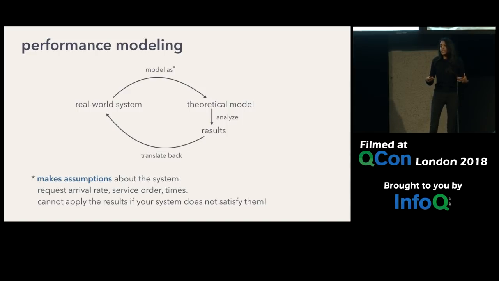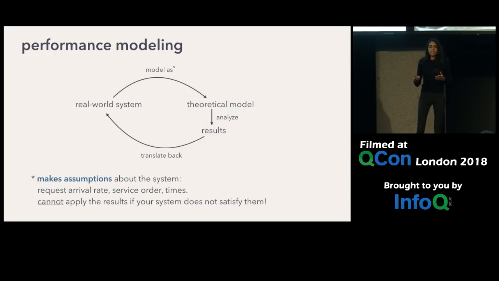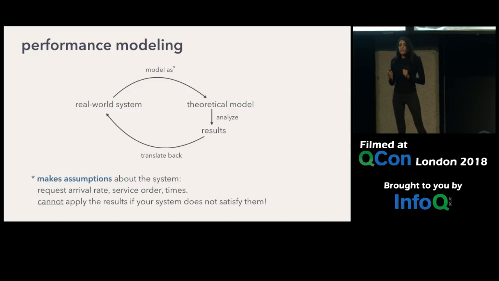In the case of queuing theory models, which is what we'll be looking at today, it makes assumptions about the arrival rate of your requests. It makes assumptions about what order requests are processed in, and the service time distribution of your requests. And so, in order to use the results of these models, your system needs to satisfy the underlying assumptions. If they don't, you might still be able to leverage the model, but you can't apply it blindly.